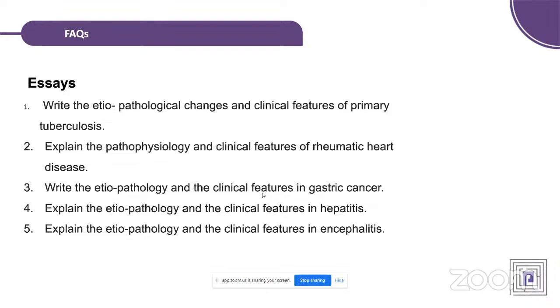So, what is the next question? Explain the etiology and clinical features in hepatitis. So, hepatitis, the most common cause of hepatitis in India is mostly alcohol. Alcohol can lead to hepatitis, and viral etiology, hepatitis B and hepatitis C, all viral hepatitis A, B, C, and E, all these cause hepatitis.